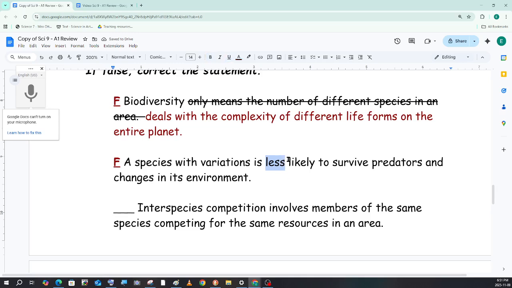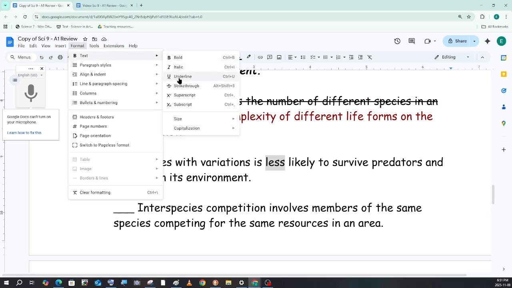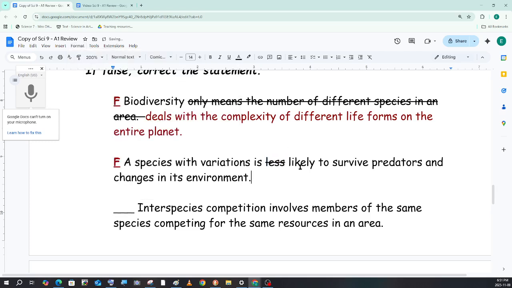Okay, and the correction we make here is we just simply change less to more likely. Replace that with the word more.